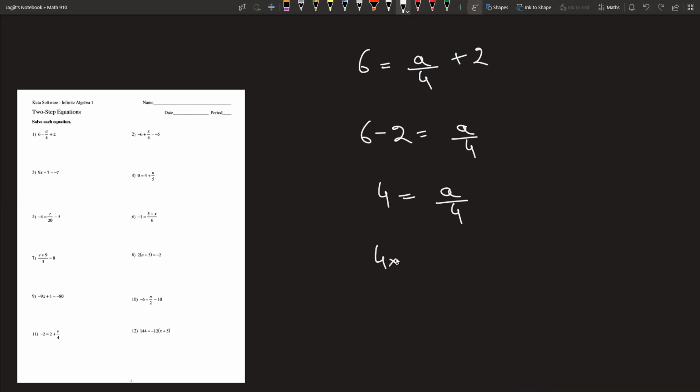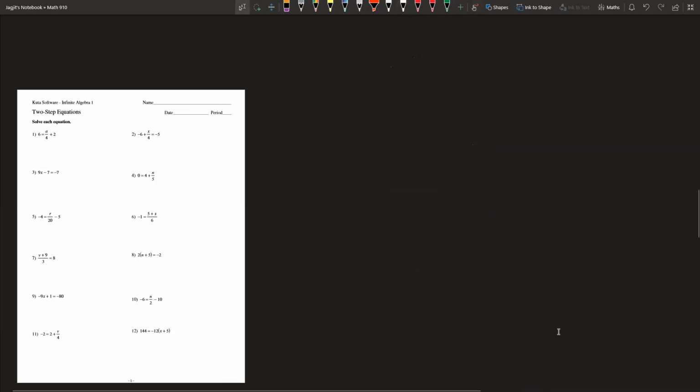So you get 4 times 4 is equal to a, which means your a is equal to 16. So remember this, guys, whenever you have a multiplication and division and a plus or minus happening on the side, you first get rid of this plus or minus, okay? So you first move this term to the other side, and then the rest is super simple. Does everyone understand that so far?